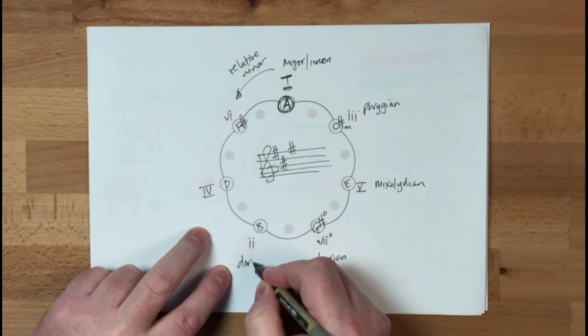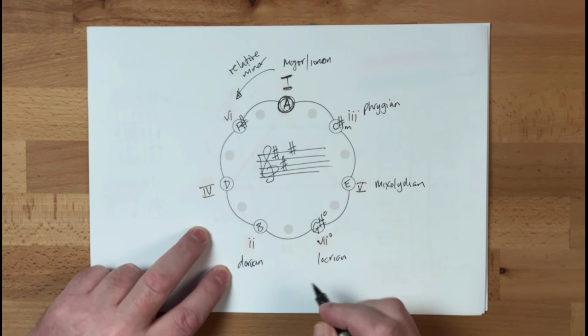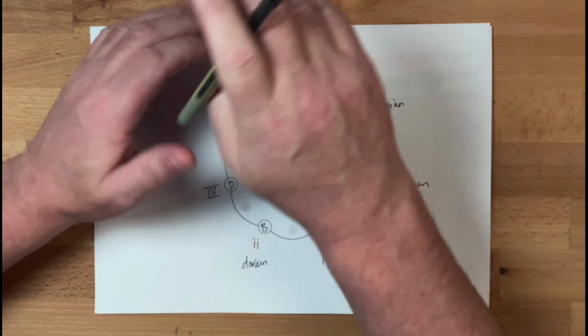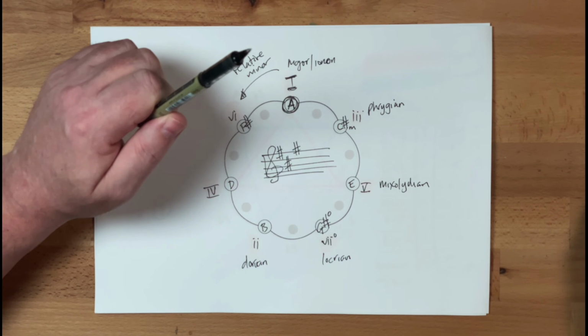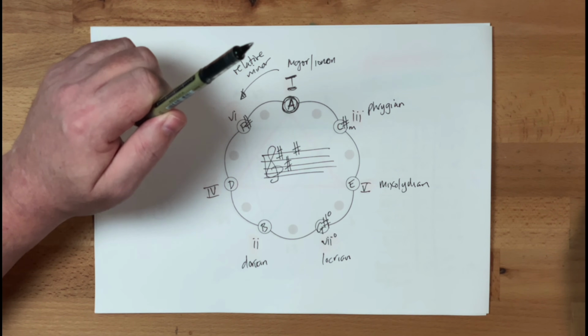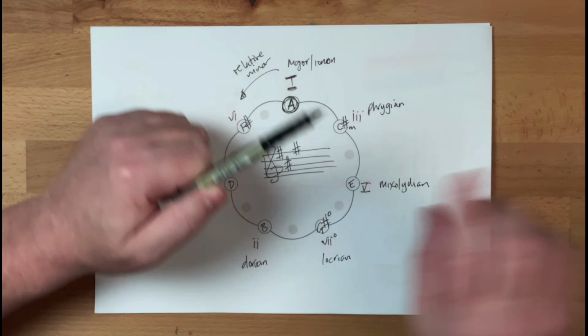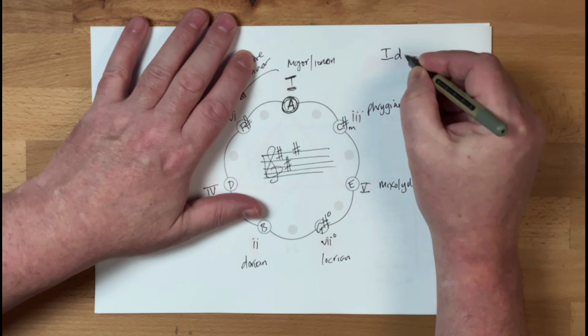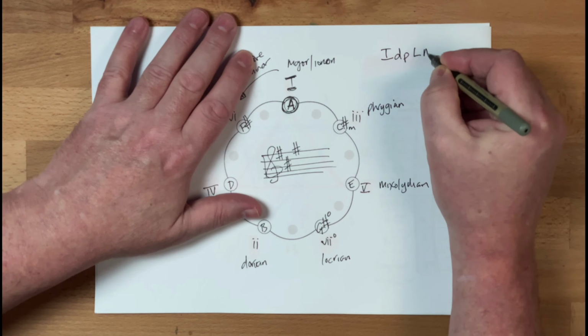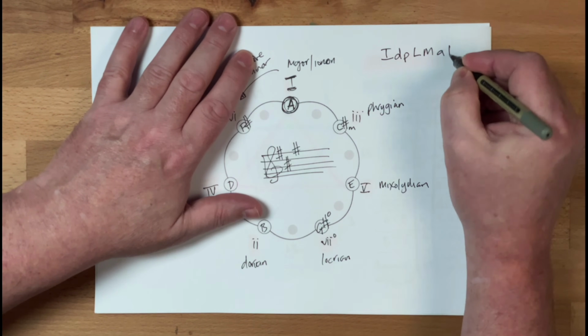We know this is Dorian. Right? Because I think Vicky did it earlier. Was it Vicky did it earlier? I saw it. We remember the names, the order of the modes. It goes Ionian, Dorian, Phrygian, Lydian, Mixolydian, Aeolian, Locrian.